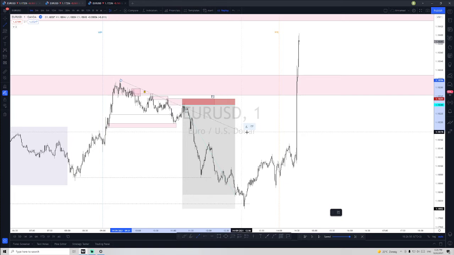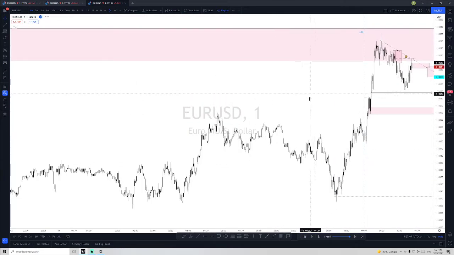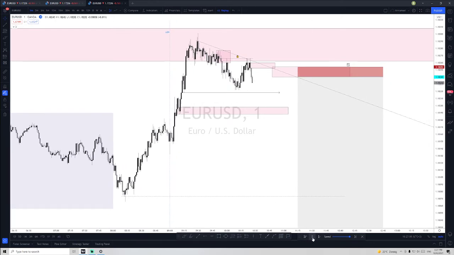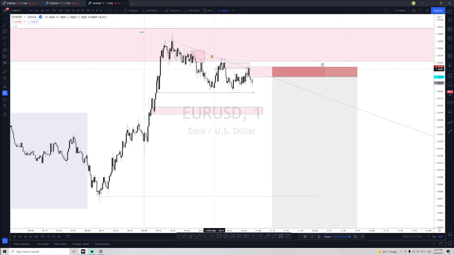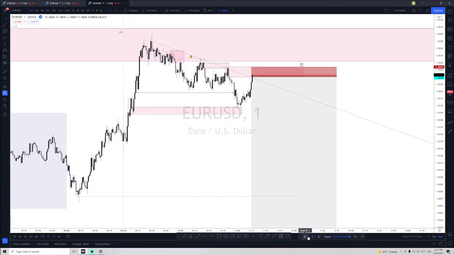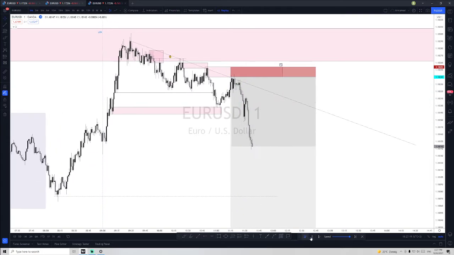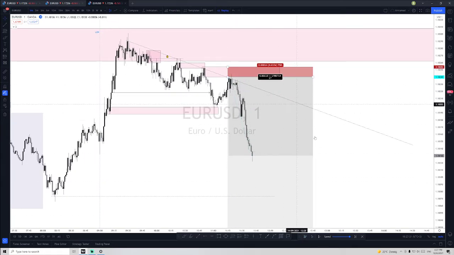We have quite the reason to take that out. All of these trendline traders, just watch this, right? So, first touch, second touch, came back in, third touch, then reaction.